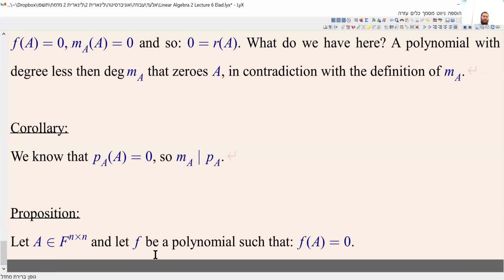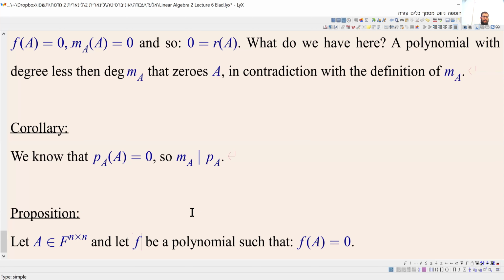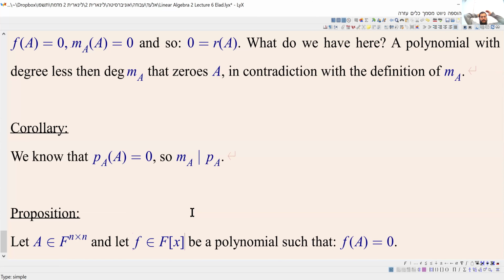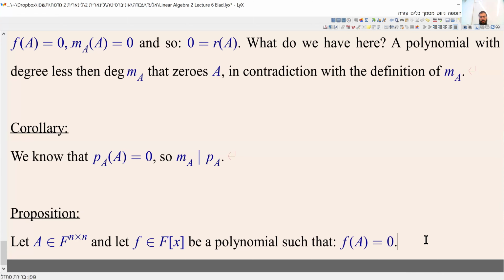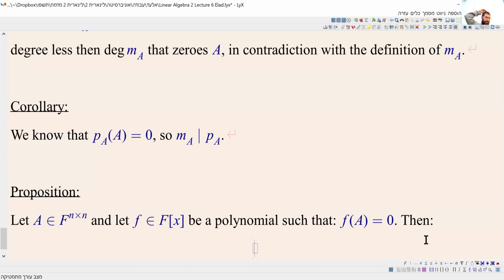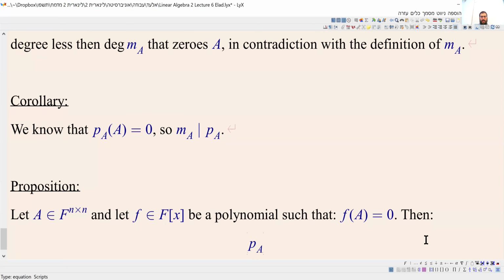Just a reminder, we denote the set of all polynomials with coefficients in the field F by F[x]. With polynomials such that f(A) is zero, if you take the polynomial f to the power of n, the order of the matrix, what you get is always divisible by the characteristic polynomial.